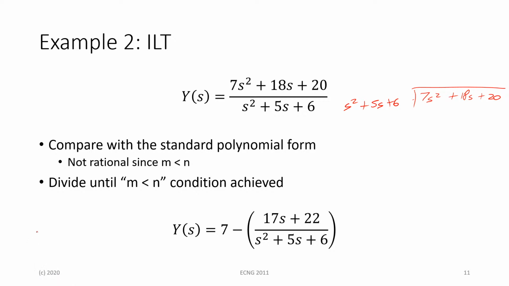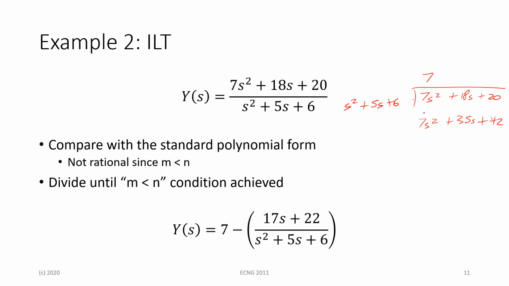So that result of 7 goes here. This 7 now multiplies out accordingly by this part here. So that means it's going to be 7 by s squared, so we get 7s squared, 7 by 5s, which is going to be plus 35s, and then 7 by 6, which is going to be plus 42.